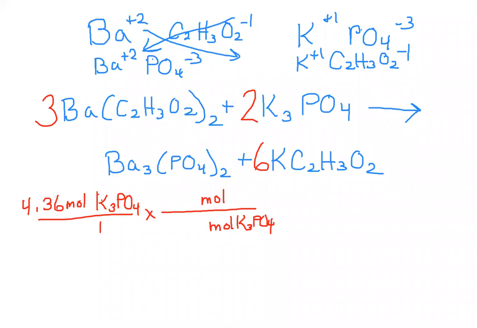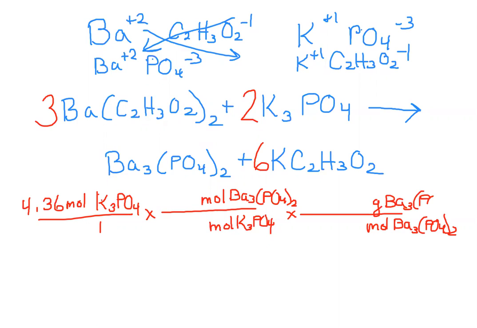So we first have to change it to moles of barium phosphate, and then we change the moles to grams. Okay, these numbers right here come from our balanced equation. Moles is 1. This number comes from the periodic table. You've got to look all that up and then find the answer.